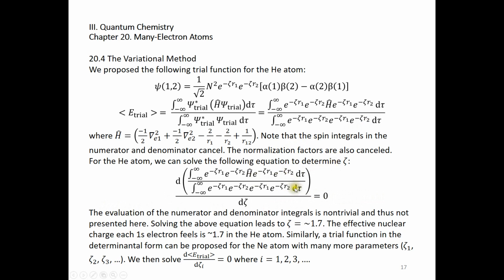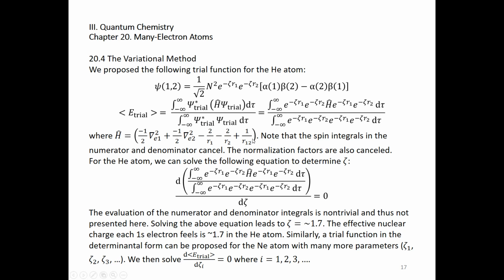Solving this is non-trivial because these two integrals cannot be easily solved, especially the top one. If you look at this Hamiltonian, the kinetic energy part and the attraction part are relatively easier to solve. But over here you have 1 over r12. In this r12, the coordinates of electron 1 and the coordinates of electron 2 are highly correlated.